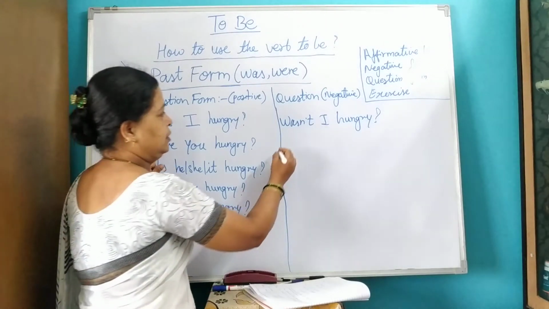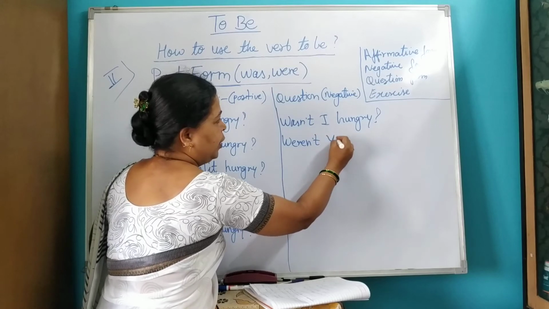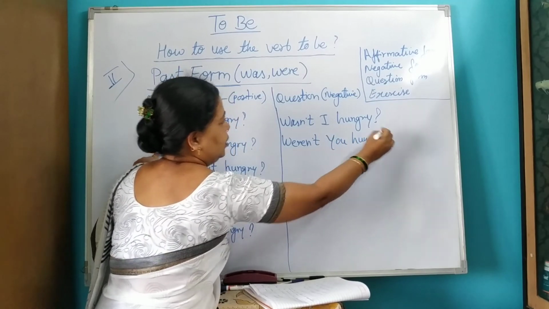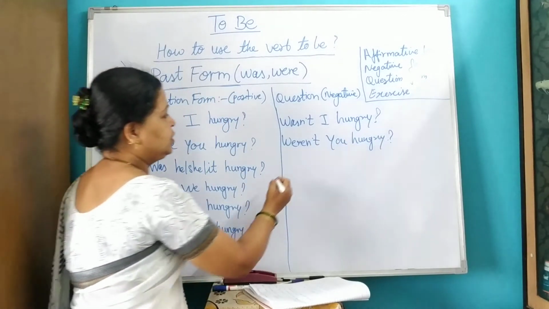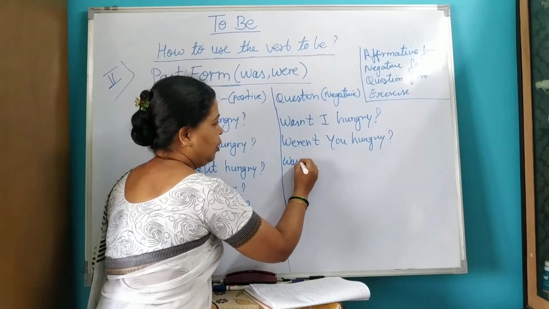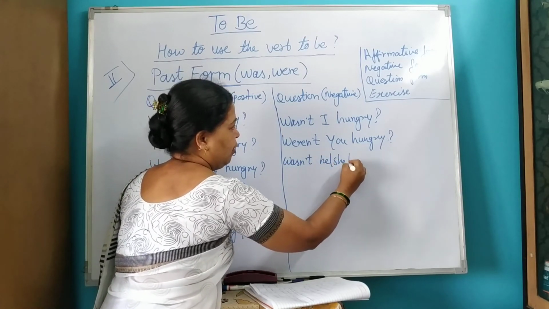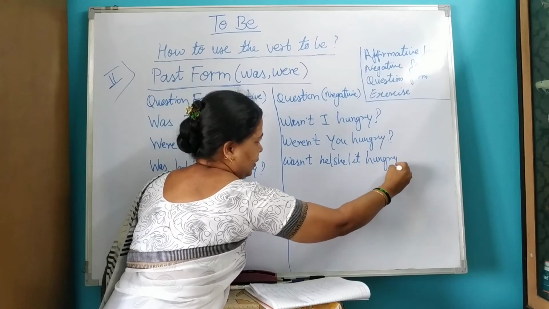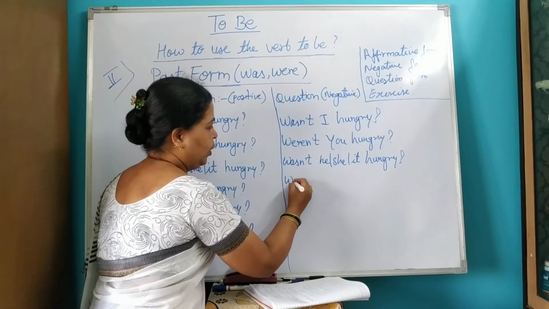Then second one will be weren't you hungry? Question mark. Then wasn't she hungry? Wasn't he hungry? Wasn't it hungry? Question mark. Then weren't we hungry?